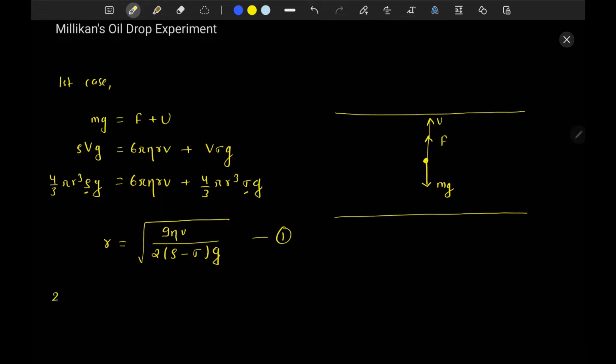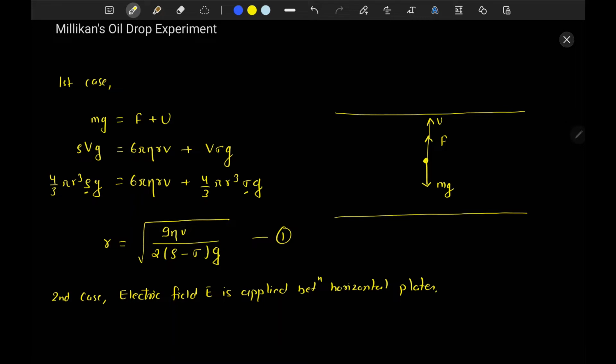Now in the second case, we will apply an electric field E between the horizontal plates.